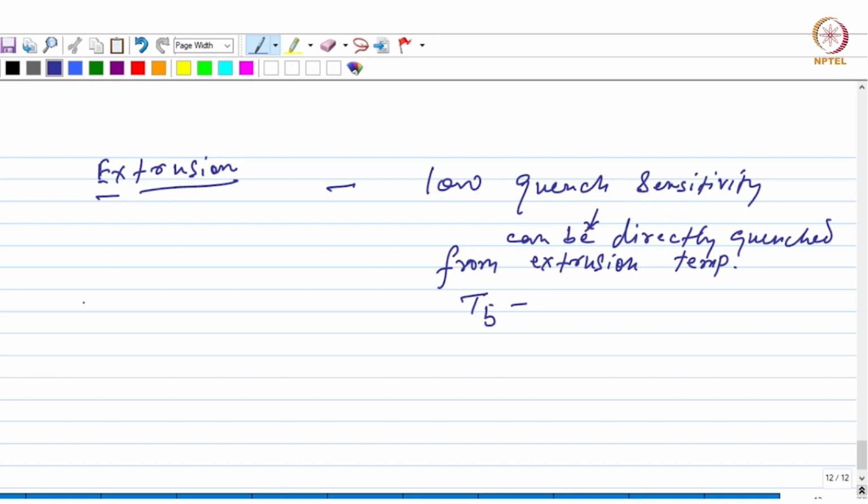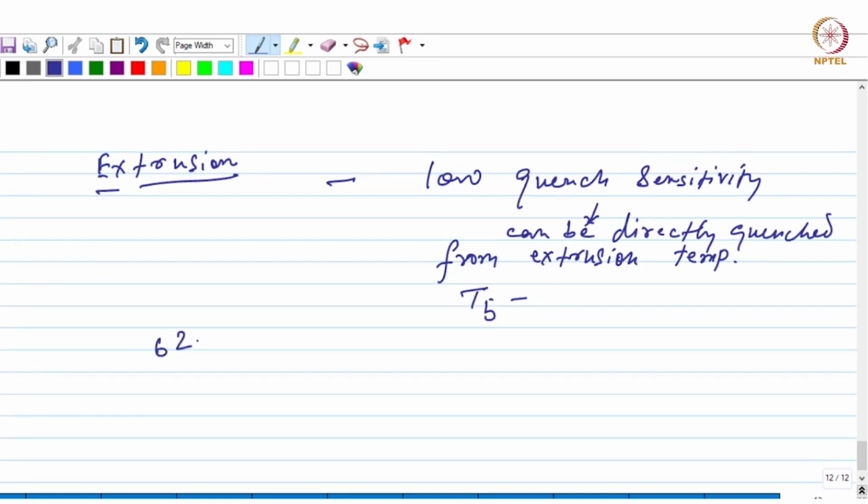This 6262 is also used in T9 condition, which is solution treatment plus artificial aging followed by cold working. And in that condition, it can give a proof strength of 380 megapascal.